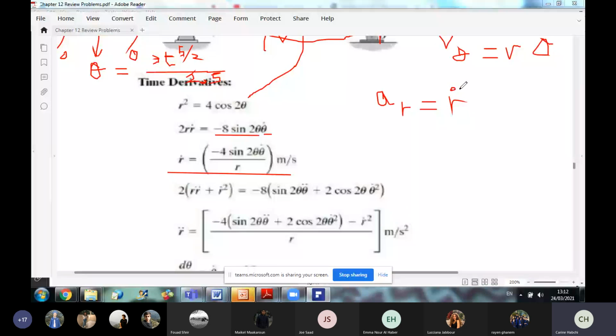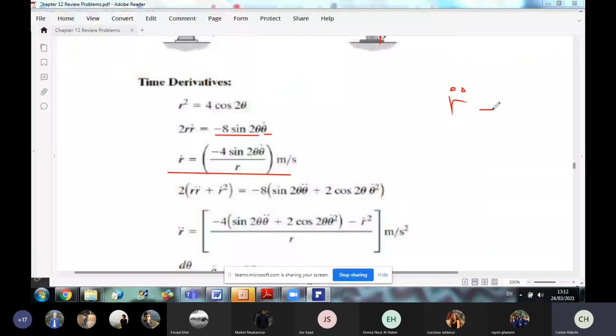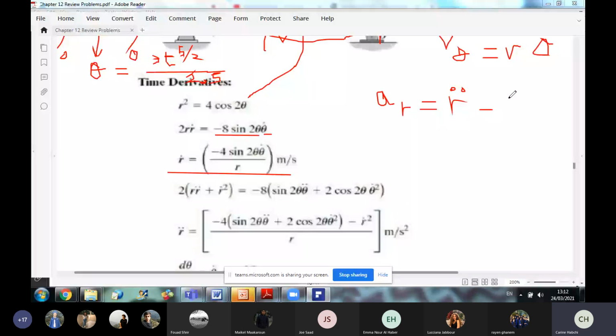So here, I need to determine the value of r dot dot, because I already know r and theta dot from the previous calculation. And concerning a theta, it is given by r theta dot dot plus 2r dot theta dot.